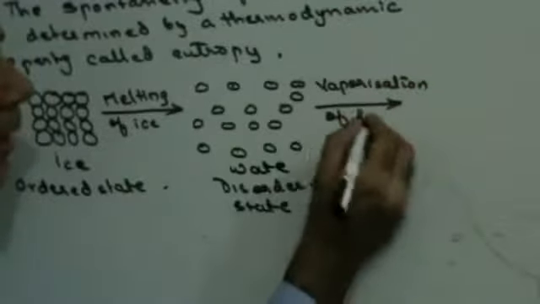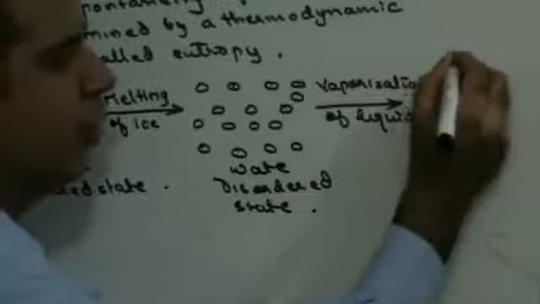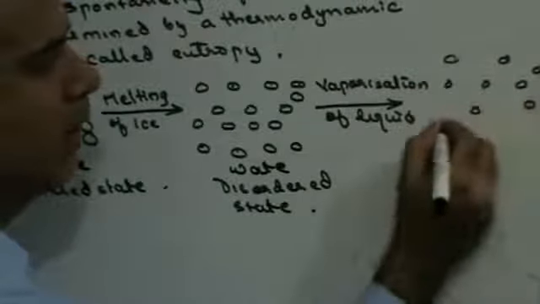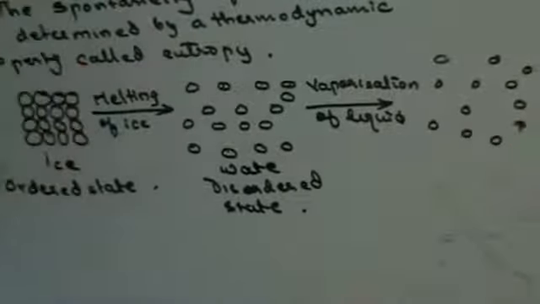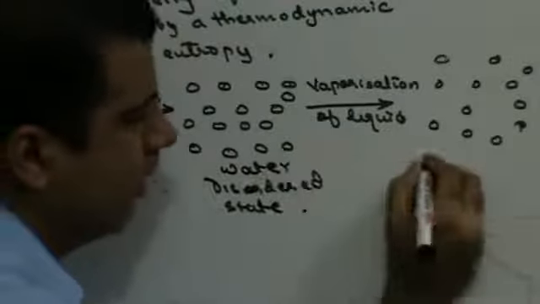If I further heat this, you will have vaporization of liquid taking place, in which case I will get gas molecules which will be in random motion, right? This is gaseous water.